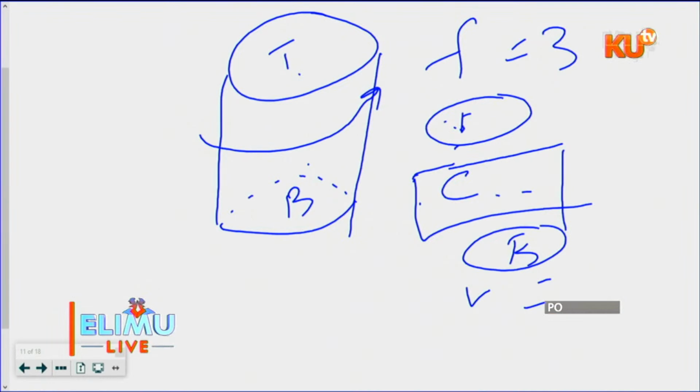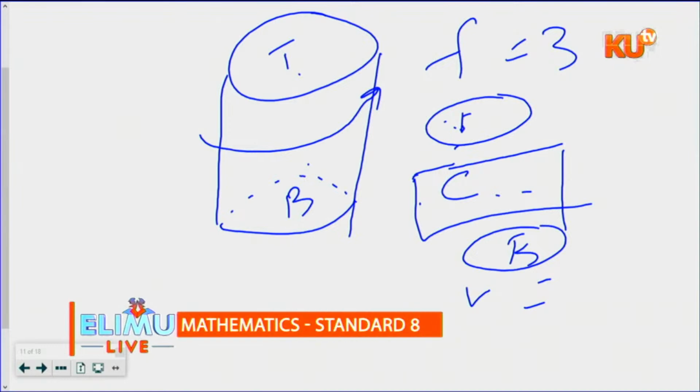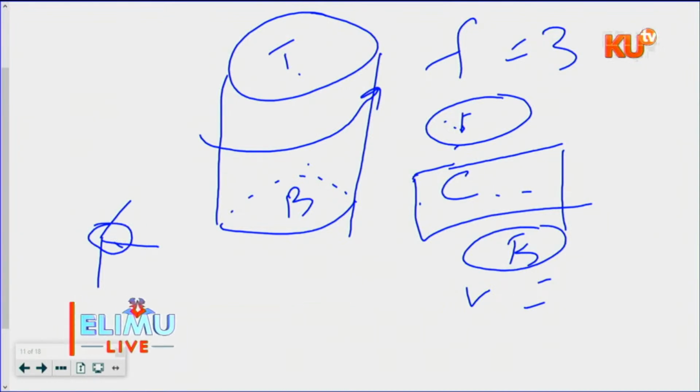A vertex is that point where we have the joining of particular lines. For example, this point here, where 2 or more lines meet, we call it a vertex. When there are many, we call them vertices.